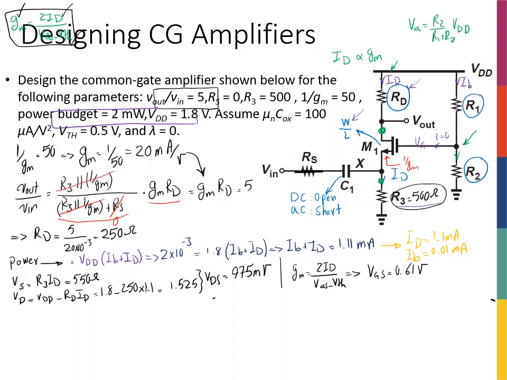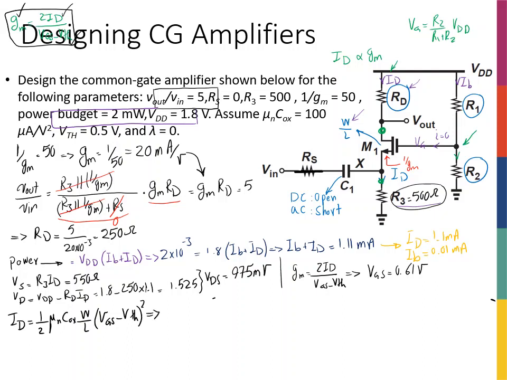The next thing is, now I have RD, I said that I need to find out what is the W over L. Well, knowing that I'm in saturation, I can say ID is equal to 1 over 2 mu n Cox W over L times VGS minus V threshold, squared.